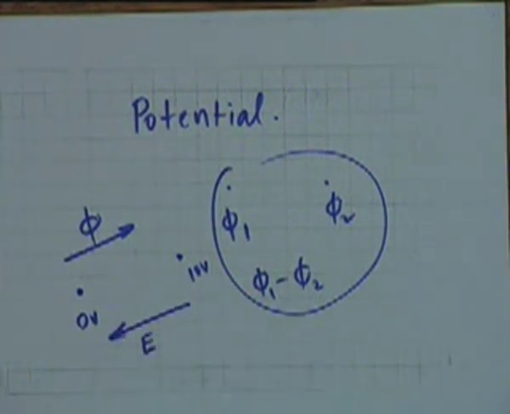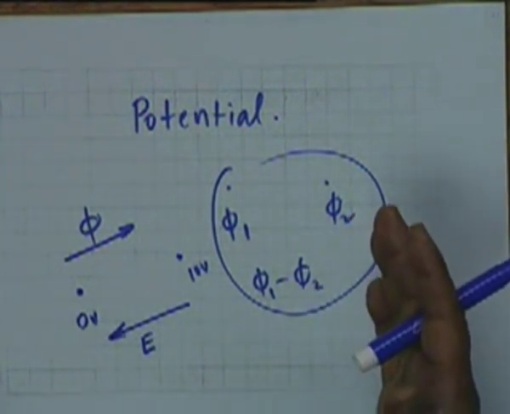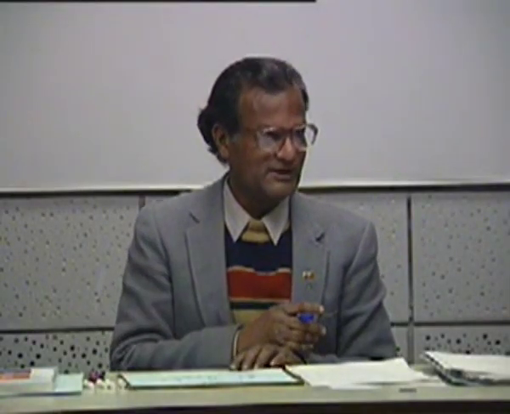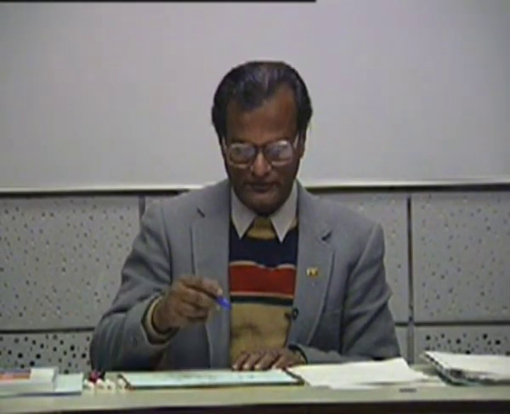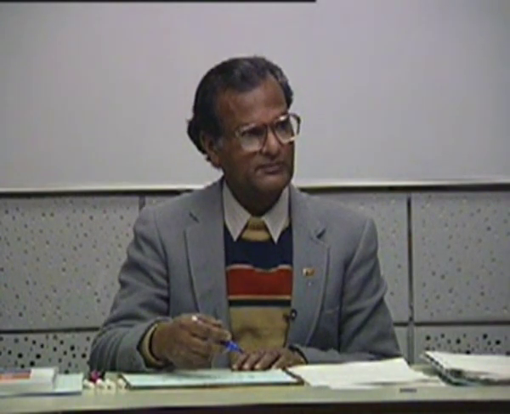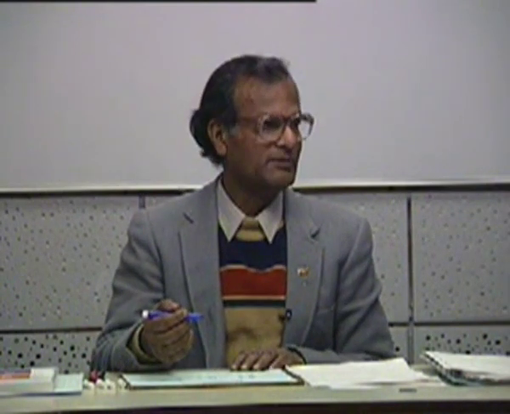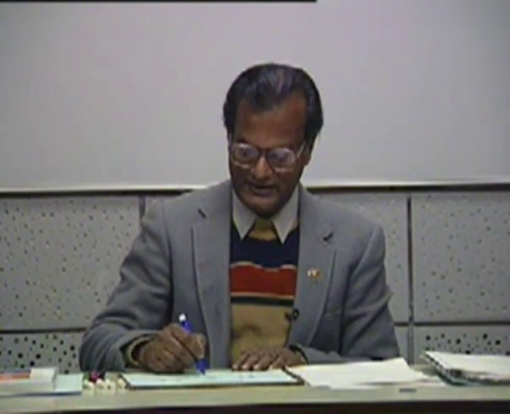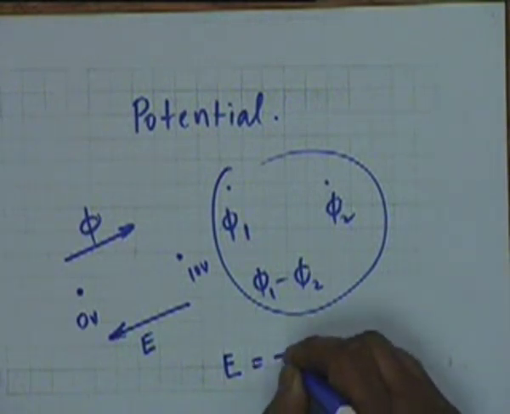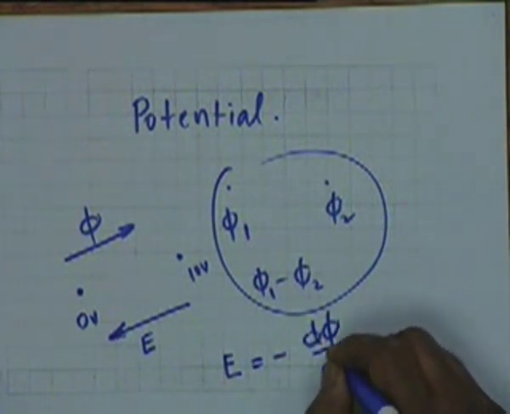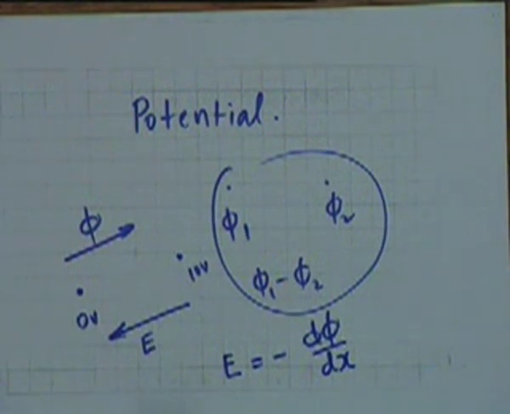Electric field by definition is along the direction of the electric lines of force, which emanate from positive charges and terminate on negative charges. And therefore the direction in which phi increases and the direction in which E is set up are opposite to each other, and the exact relationship is E equals minus d phi/dx, the negative gradient of potential. This must be understood.